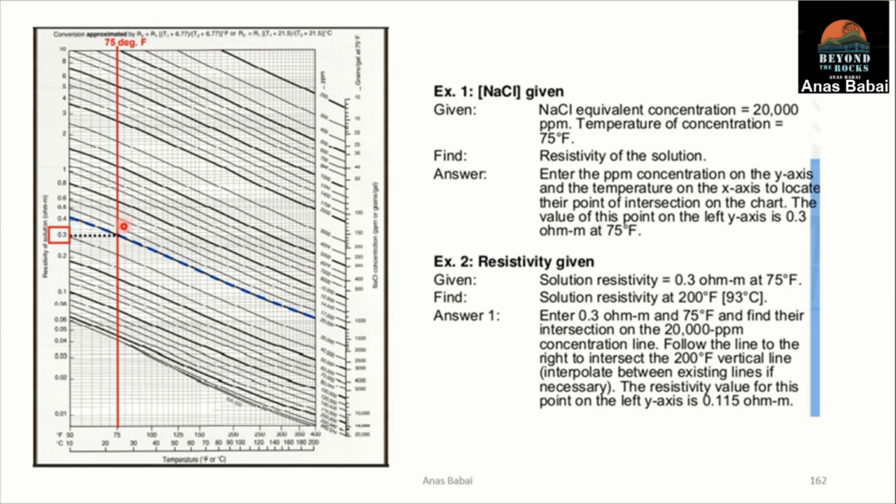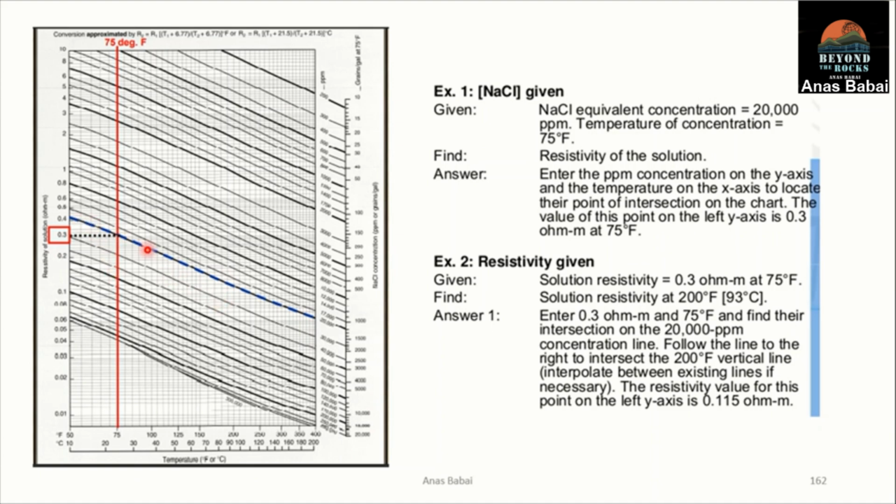Assume that we need to know the resistivity of the same solution at a different temperature, because we said that the resistivity is sensitive to the temperature. The same solution with the same concentration at a different temperature will have a different resistivity.